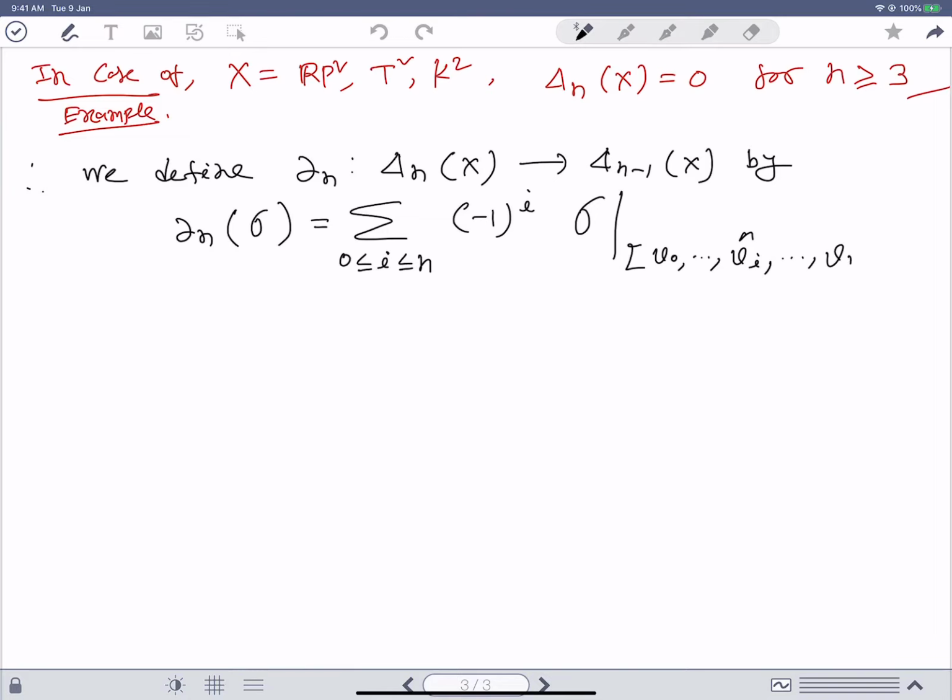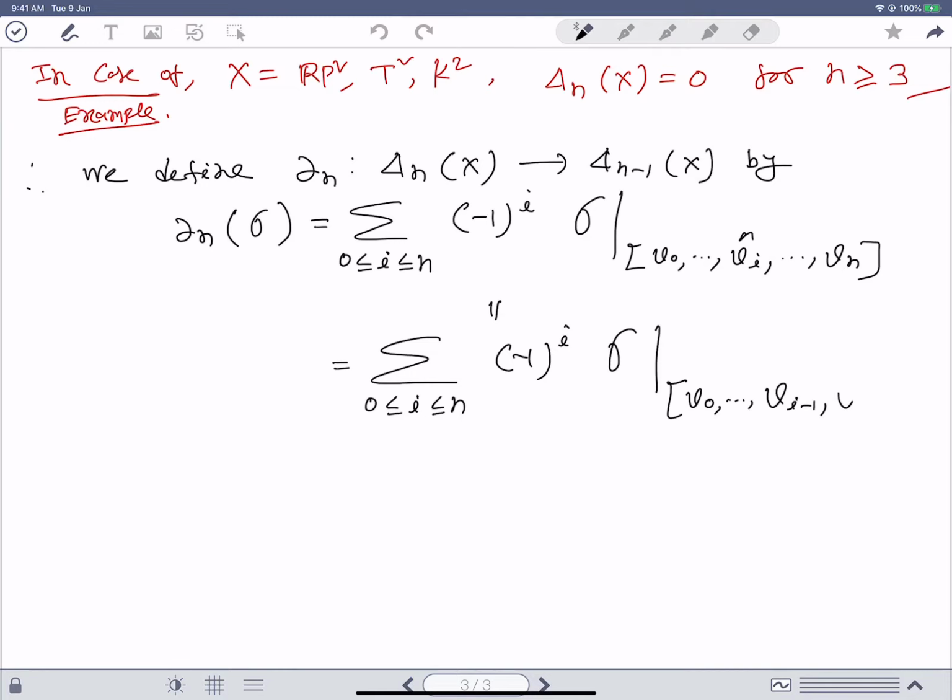Or in other words you can write it in this way as well: [v0, ..., v_{i-1}, v_{i+1}, ..., vn]. Okay, but here in this course we will prefer this symbol.